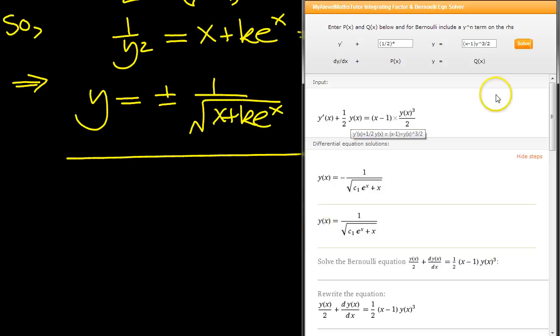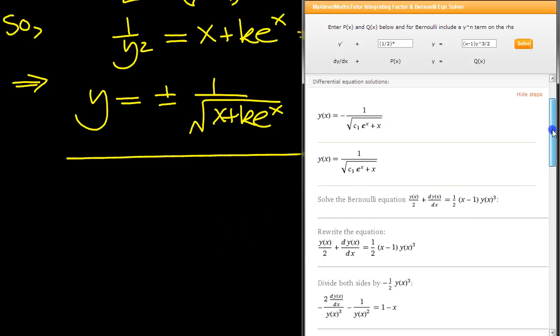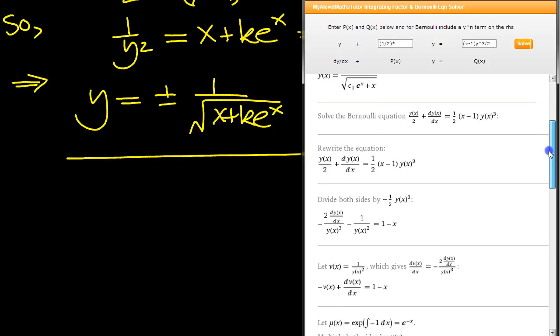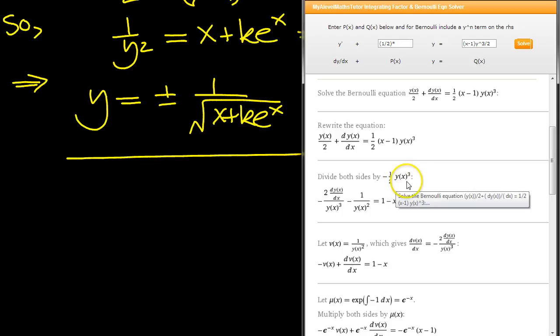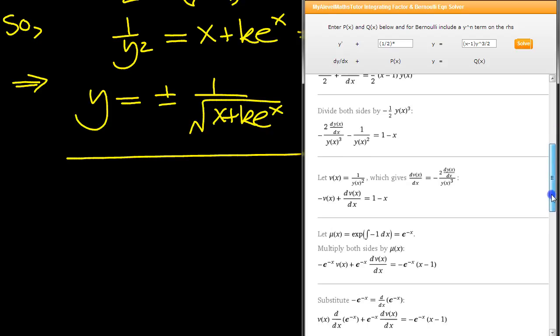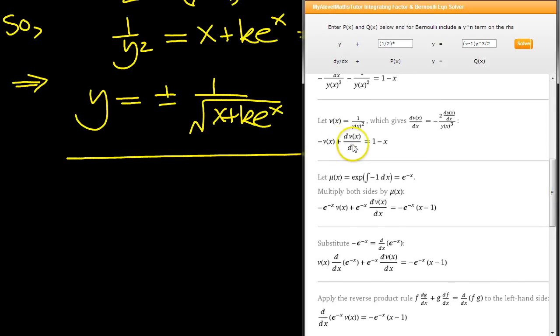So how do you solve this equation? Let's just quickly look through the step-by-step breakdown mentioned in this little widget tool I've put up on Google Play. So here's the Bernoulli equation, as we said. We write the equation, it's written in like this on this algorithm here. Divide both sides by that value, and there's your substitution for Bernoulli, 1 over y squared, and then you get back to this equation here, which is the integrating factor method.